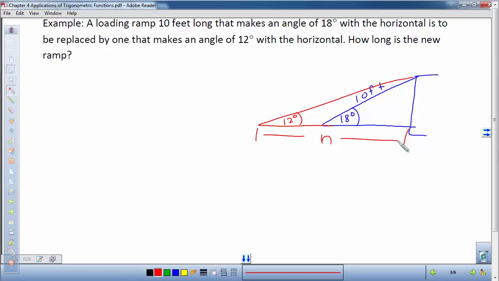All right. So what do we have here? And how are we going to answer the question? Okay, we've got a right angle over here.